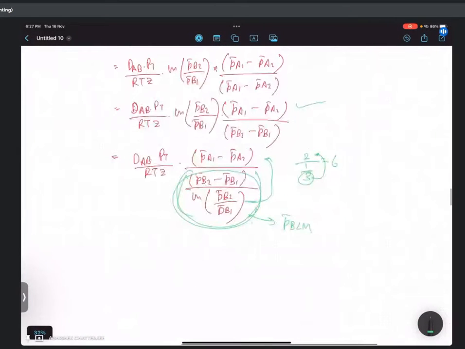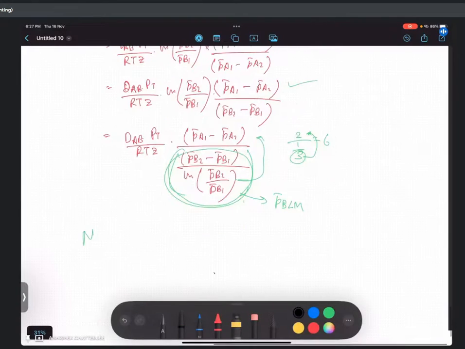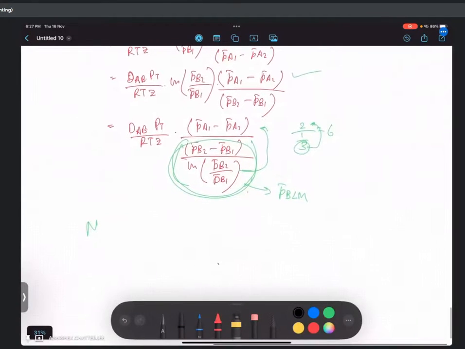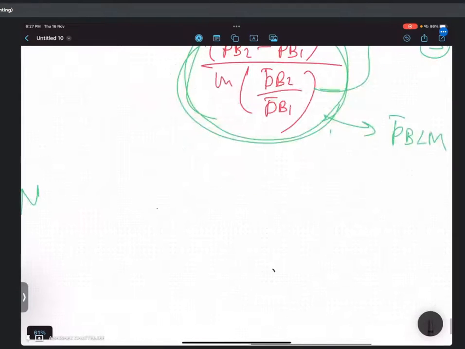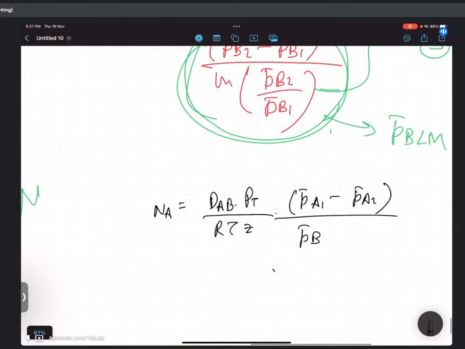So from here this formula becomes NA is equal to DAB into PT by RTZ into PA1 minus PA2 divided by PBLM.